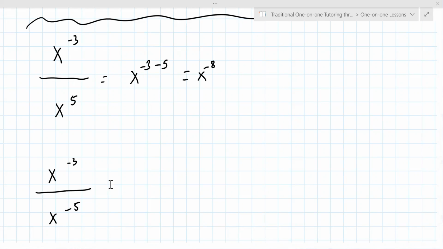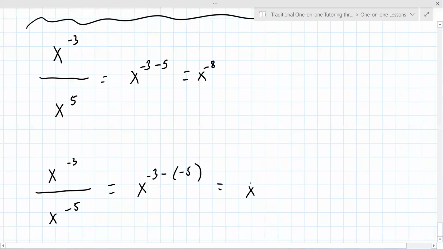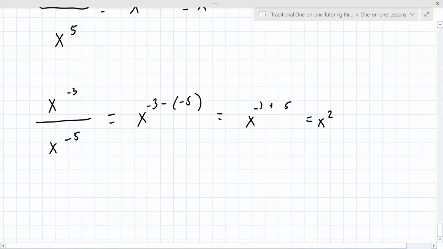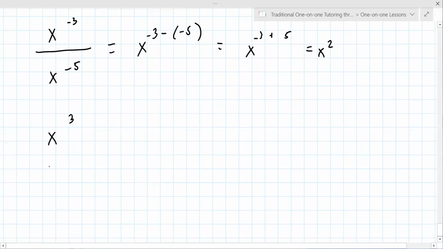Okay, so that looks pretty good, because it's x to the negative 3 minus a negative 5, or x to the negative 3 plus 5, which is x squared. Now your last one here on this batch would be x to the 3 over x to the minus 5.